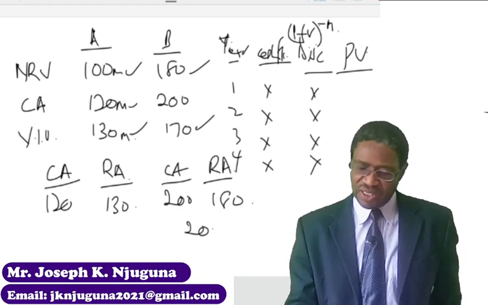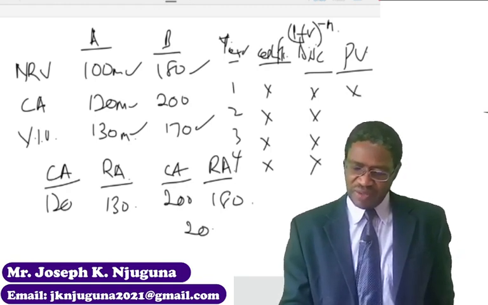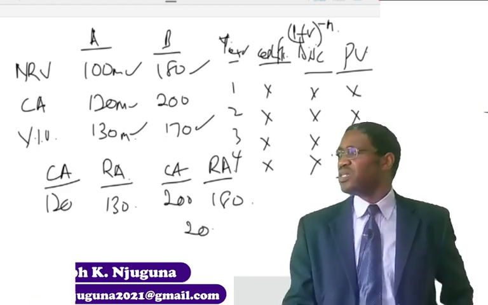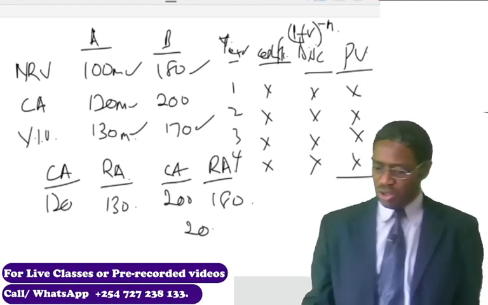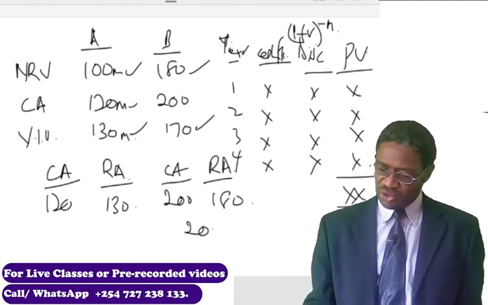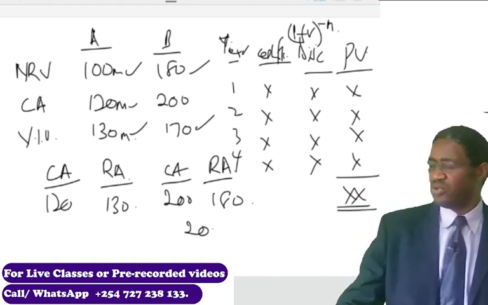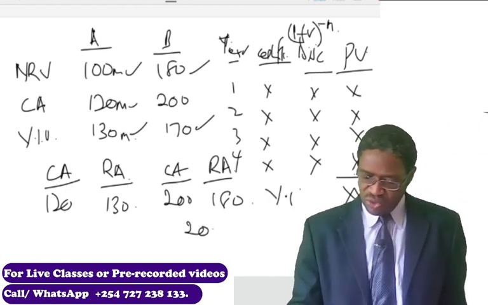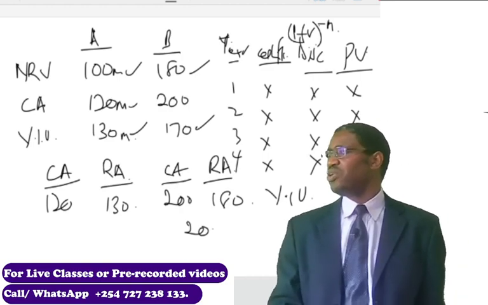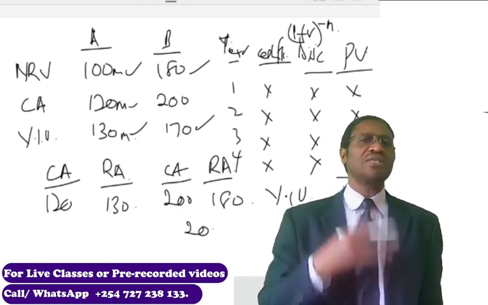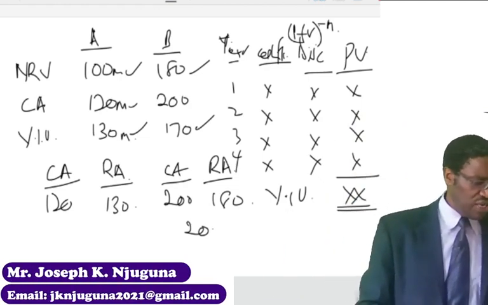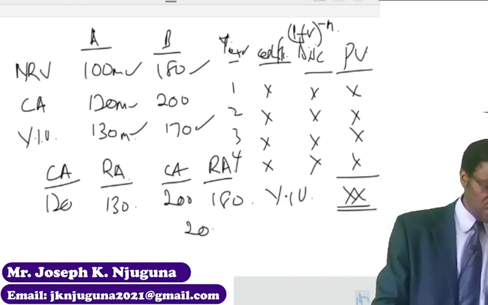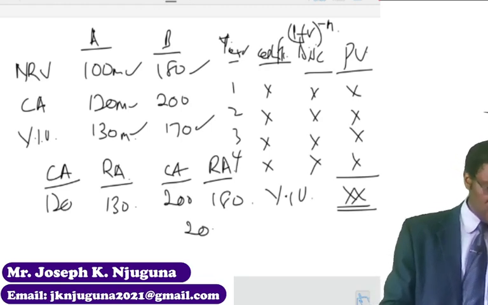Once you know those factors, multiply the factors by the cash flows, and once you get the present value of all of them, then you get the total of all the present values. And that is what you now give as the value in use. So in general, that's how you'll be getting the value in use if the examiner has not given you the value in use.